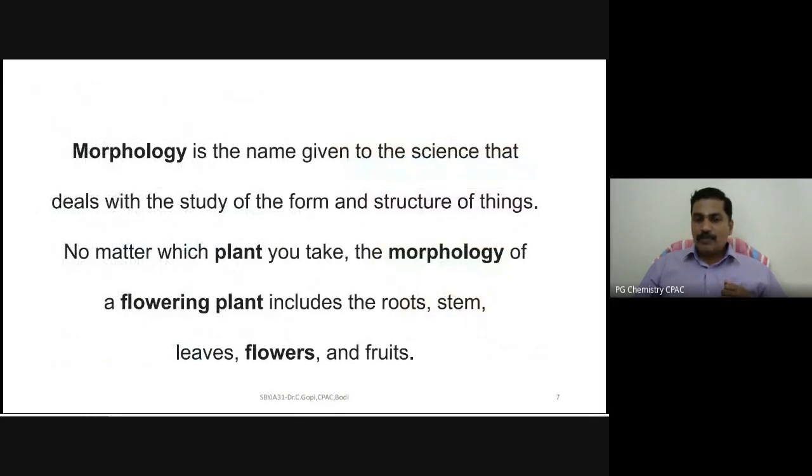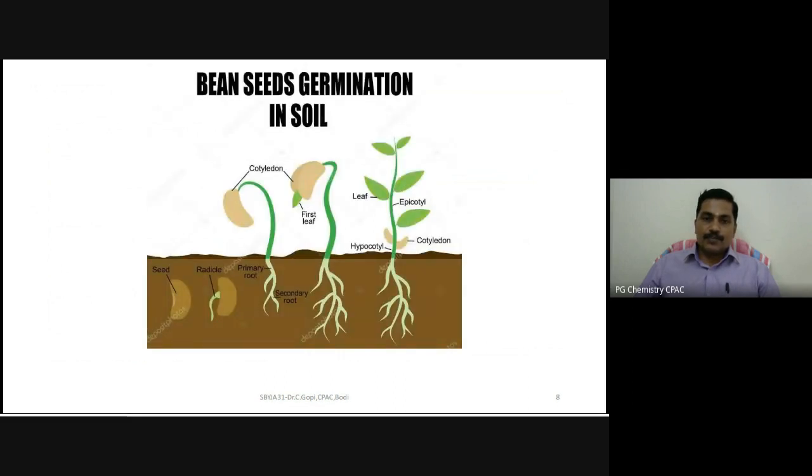So what do you mean by morphological character? The morphological character means the appearance of the plant. External appearance like stem, root, leaves, flowers, fruits. All those things are considered for the morphological character features. So this is how the seed germinates into the plant.